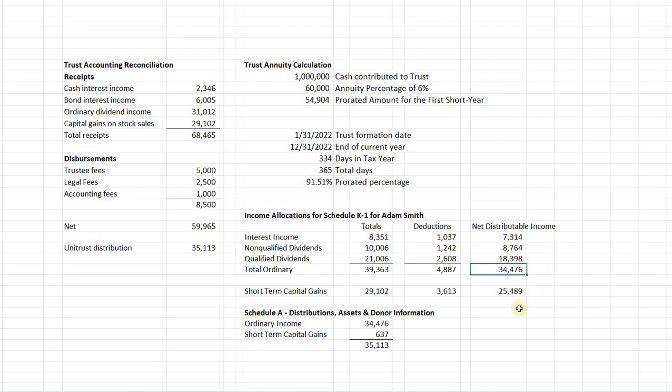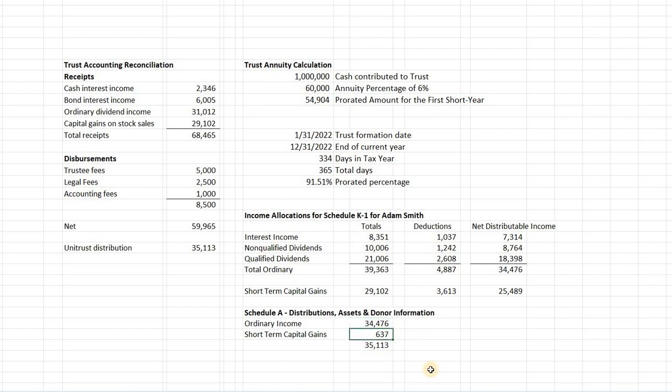And then now, what's the difference being allocated to? Well, we still have $25,489 of capital gains that can be allocated to Adam. So we've got our $34,476, but the total payment going to him is $35,113. So the difference is $637.